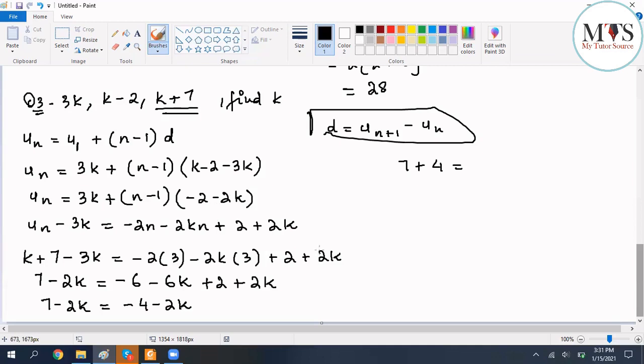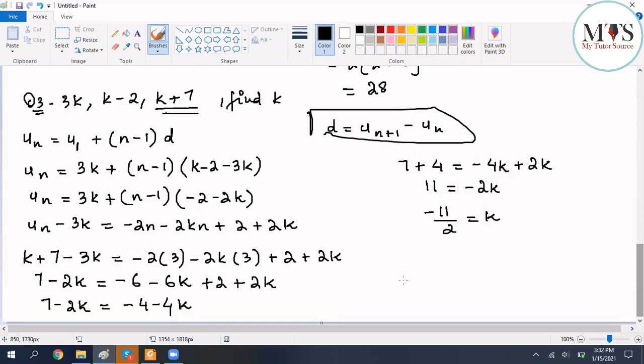This would be negative 4. Minus x plus 2k. 11. So that's your value, minus 11 over 2. And then you divide it.